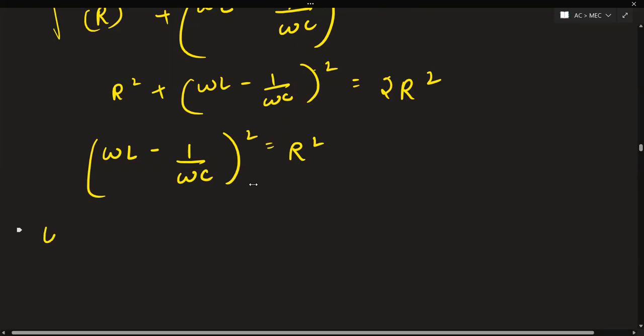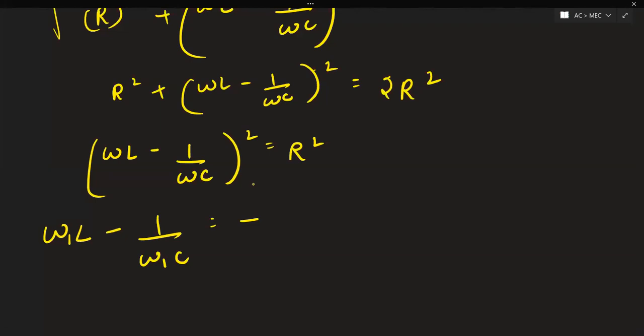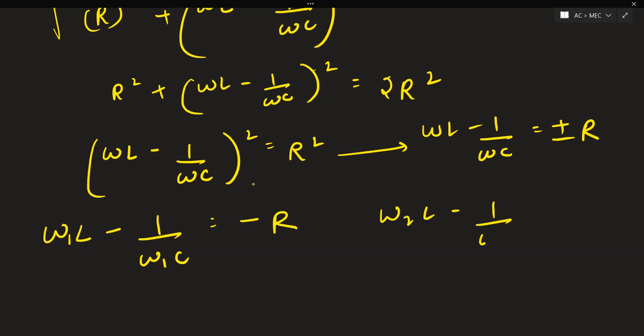Now, the first value of omega, the angular frequency that we had. If I write that, it will be equal to what? Or let's say, omega L minus 1 by omega C, just look here. This will be equal to plus minus R if you take root on both the sides. So one of the values will be minus R and the other value will be plus R. Is it clear till here?